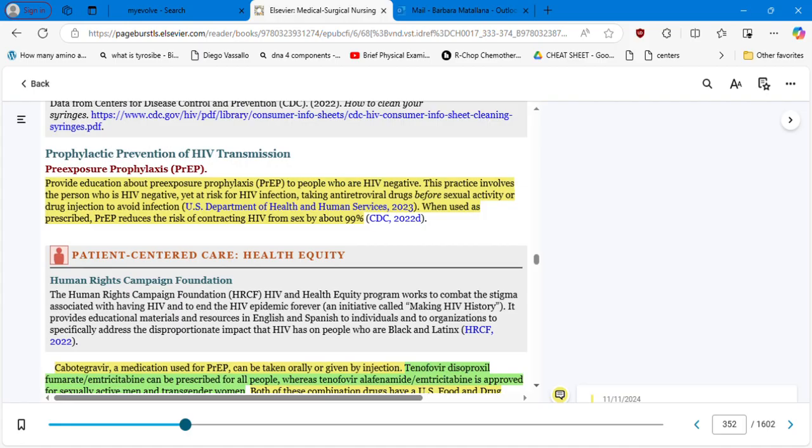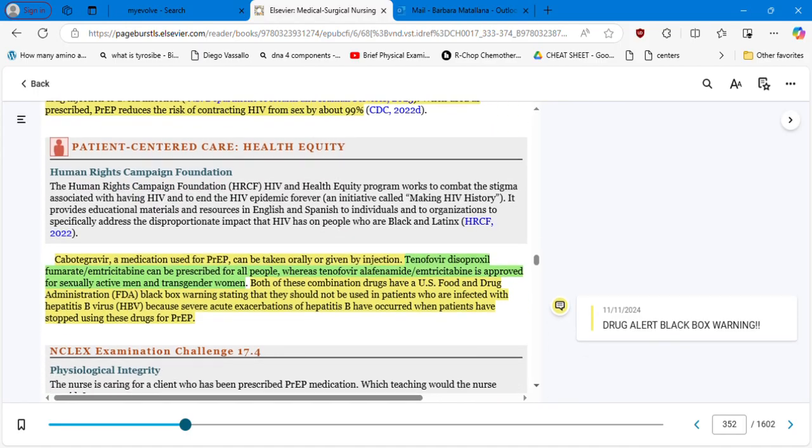So it's before sexual activity. The uninfected person is taking the drug before sexual activity with that infected patient, right? When used as prescribed, PrEP reduces the risk of contracting HIV from sex by about 99%. So it's really effective.